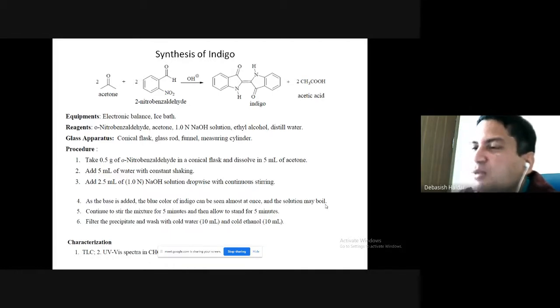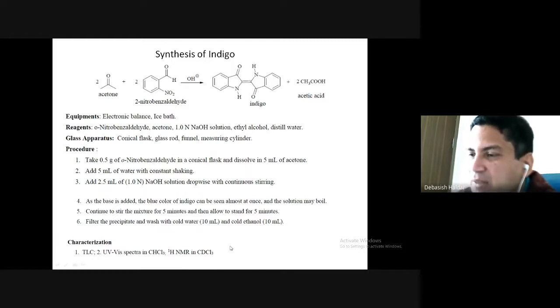This is an exothermic reaction and acetone is there, so it will look like a boiling condition. Nothing to be worried about, wait for 5 minutes, and then you will get the precipitate of indigo. Then filter that indigo precipitate through the sintered funnel using an aspirator, and wash the indigo with cold water and cold ethanol. Then you can characterize your compound by UV-visible spectroscopy and 1H NMR, proton NMR.